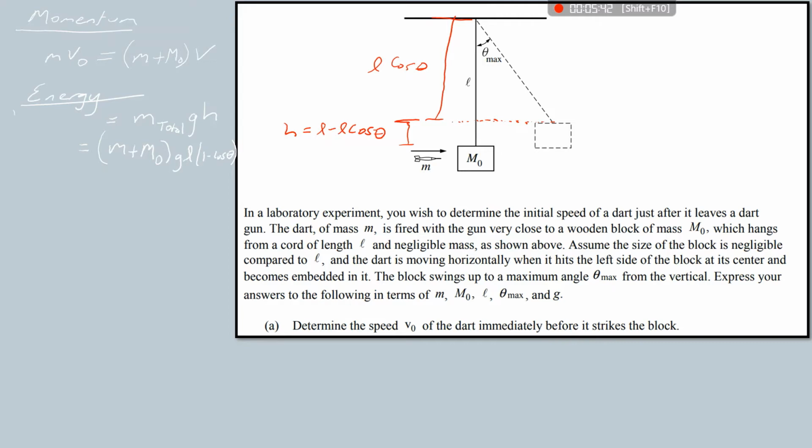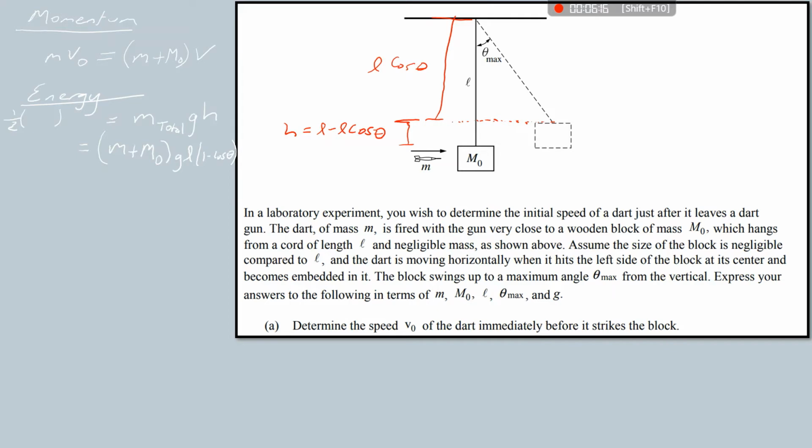Is it big M? No, is it total M then? Right. See, if we use the kinetic energy of the dart when it was fired, it's going to lose some of that energy before it actually hits the block, right? So my conservation of energy needs to start the moment that the dart becomes embedded in the block, because that's the energy that will be conserved between both objects. We would have lost some energy when the dart was heading to the block first, right?